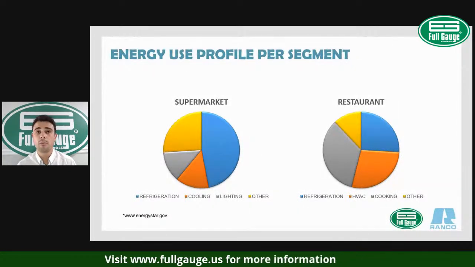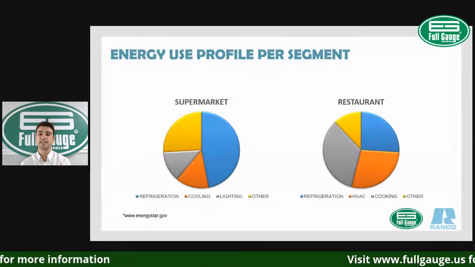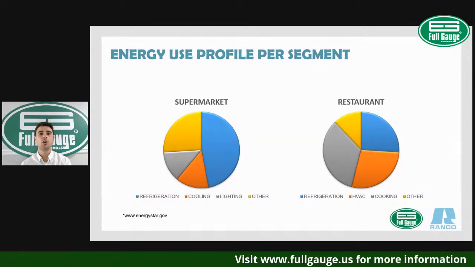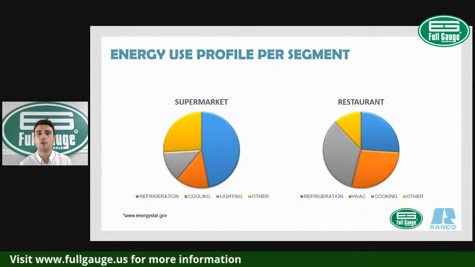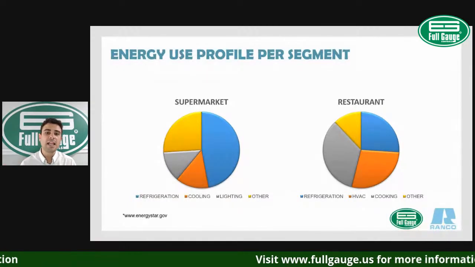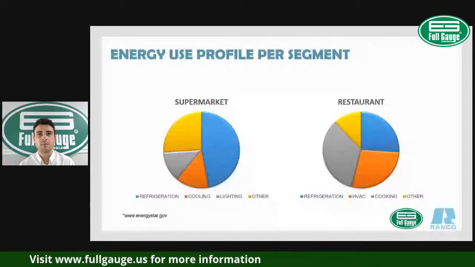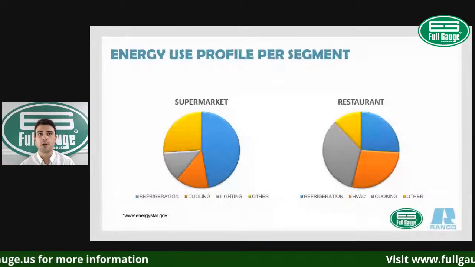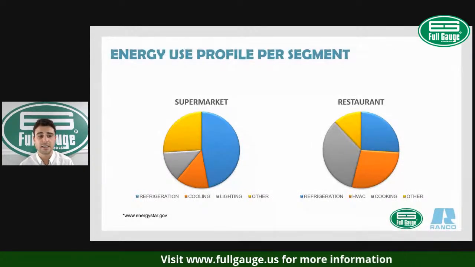And there is not much incremental cost. When you look at the number of components that these replace, there is virtually no incremental cost switching from the mechanical over to the electronic solution. So the selling point here is, first, you're going to have a better temperature control. Your products will be kept within better temperature ratings.